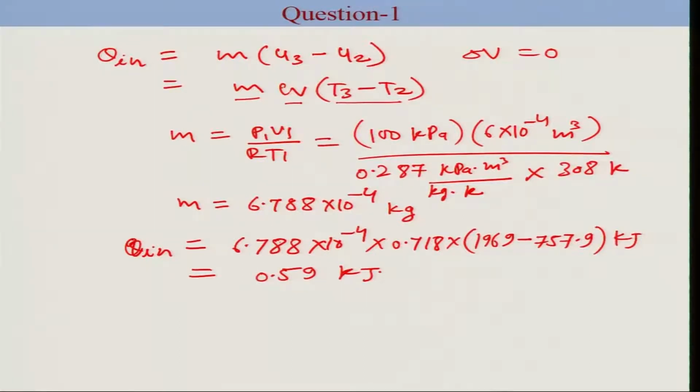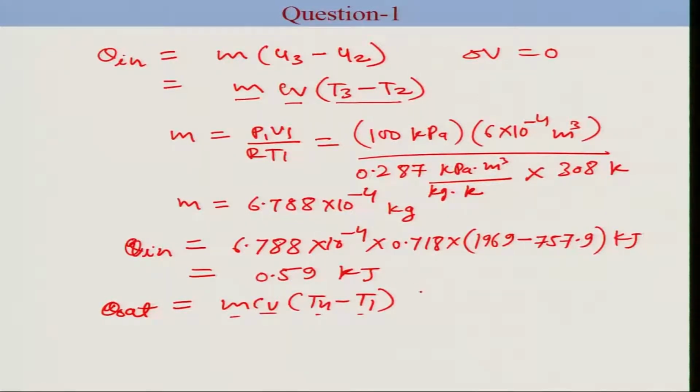Now, we need to know the thermal efficiency. For that, we need to know the heat coming out of the cycle. So, Q out will be equal to m C_V times T4 minus T1. We know m, we know C_V, and we know T4 and T1.